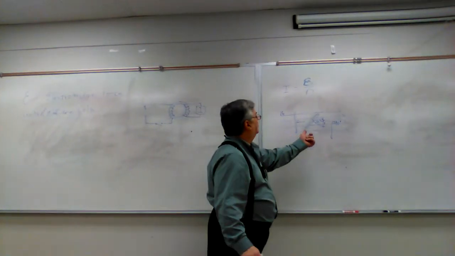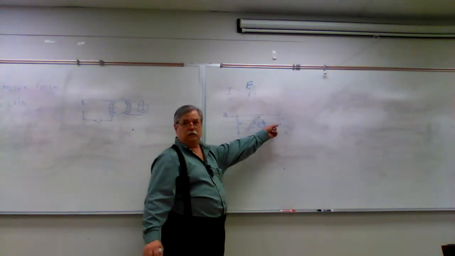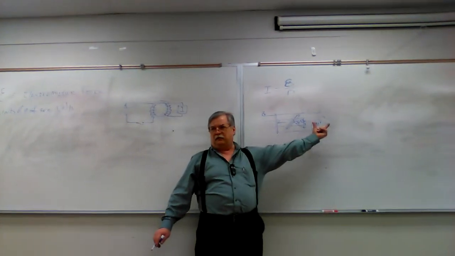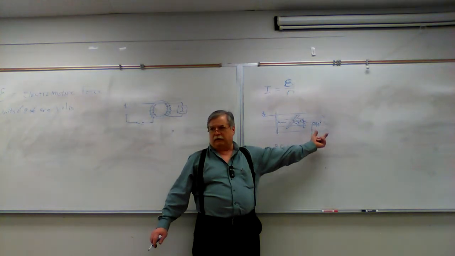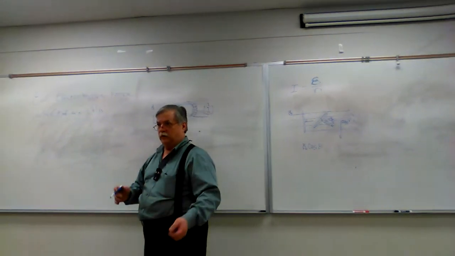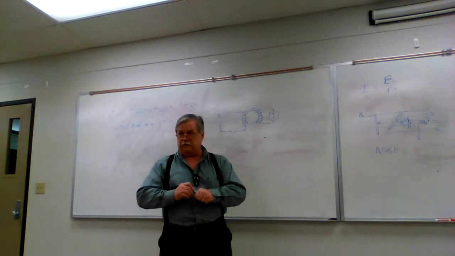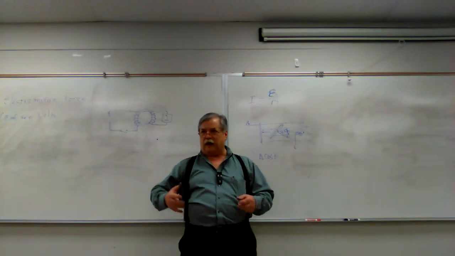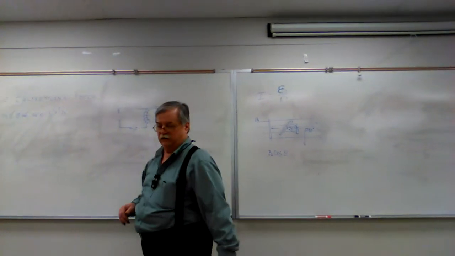And finally, when it's at 90 degrees, cosine of 90 degrees is 0, because none of the magnetic field is perpendicular to the unit area, or passing through the unit area. And that's what we're looking for here. We're talking about how many of the lines of magnetic flux are actually passing through that little unit of area that we're dealing with.